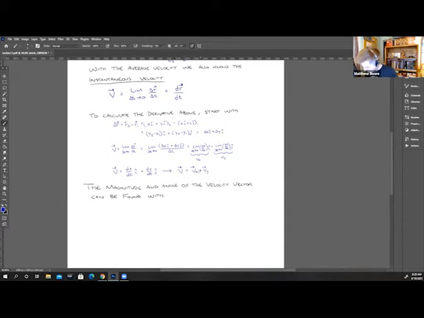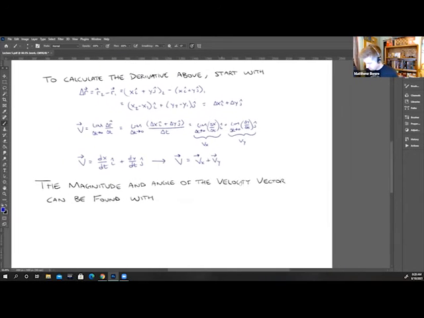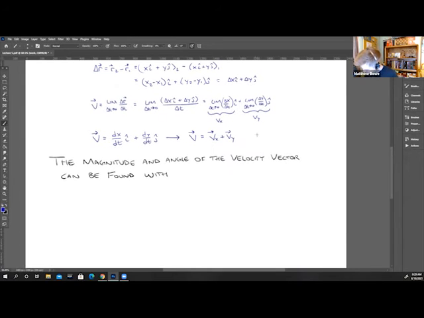If we have an answer in this form, it'll say velocity equals something i hat plus something j hat, and you have to keep those two terms separate. Maybe I don't want to figure out horizontal velocities and vertical velocities.